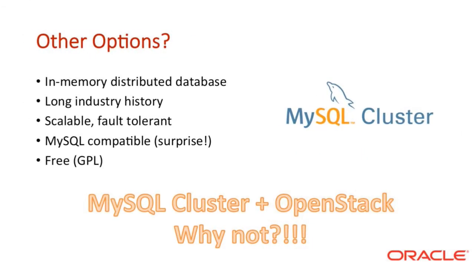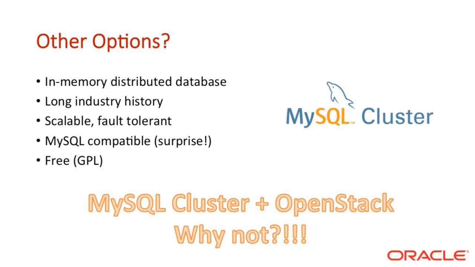When I started to work on HA in OpenStack at Oracle, I tried to find out if there are any other options, if we can find a better database than just a patched MySQL server. I found that there is one. It's called MySQL Cluster, and not to be confused, MySQL Cluster is a product by Oracle. It's an in-memory distributed database.